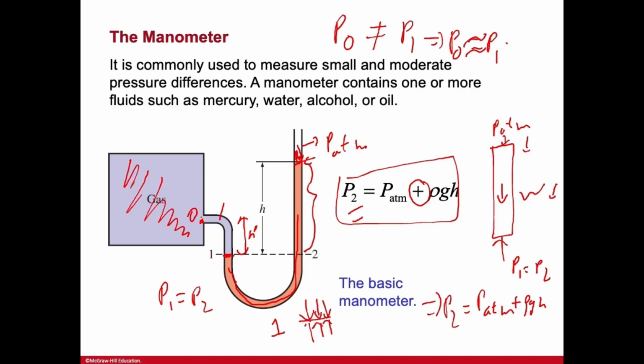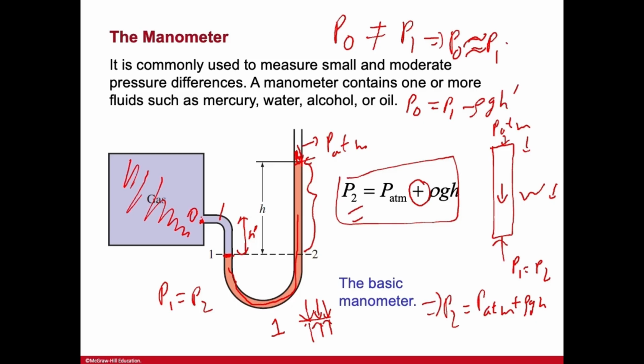Because how are P0 and P1 related? P0 is equal to P1 minus rho g h tilde, right?